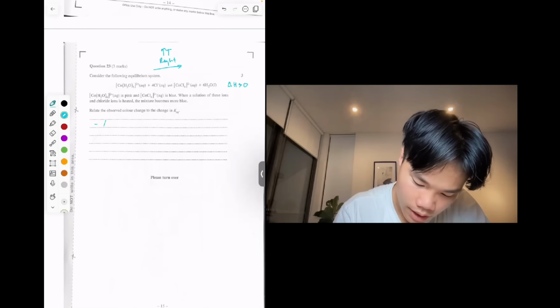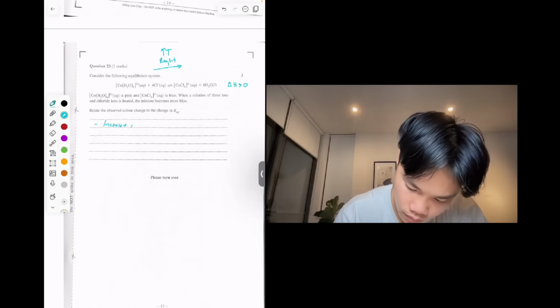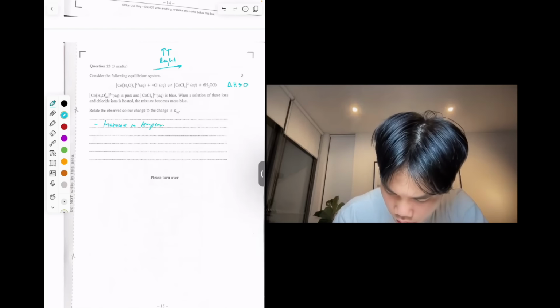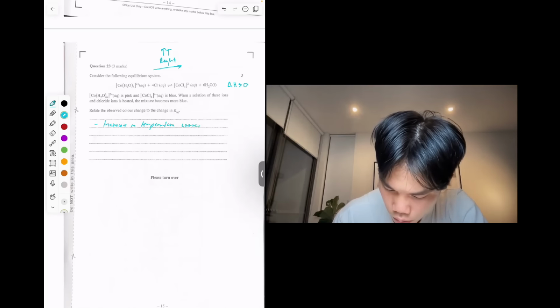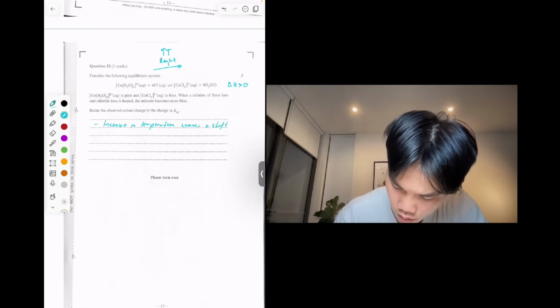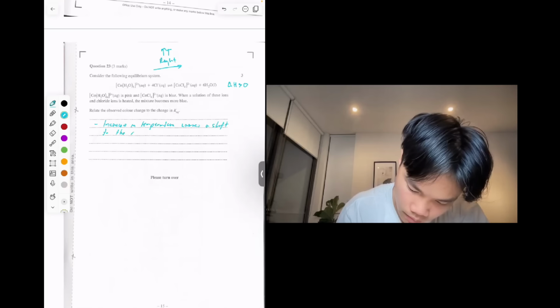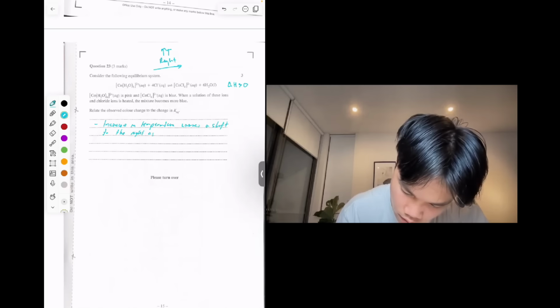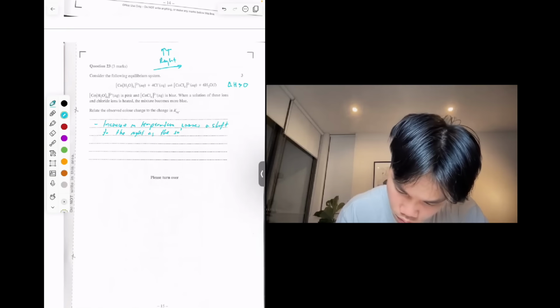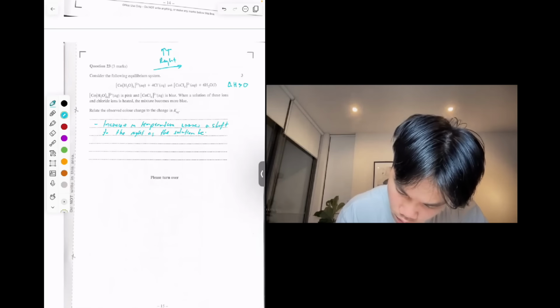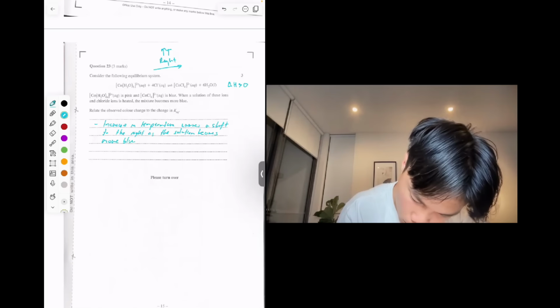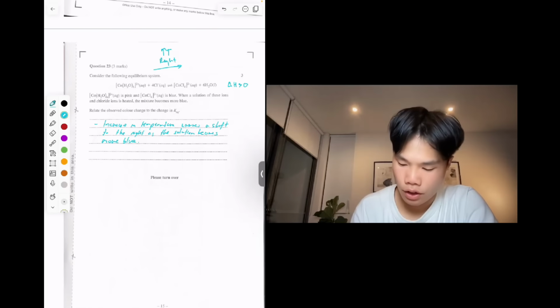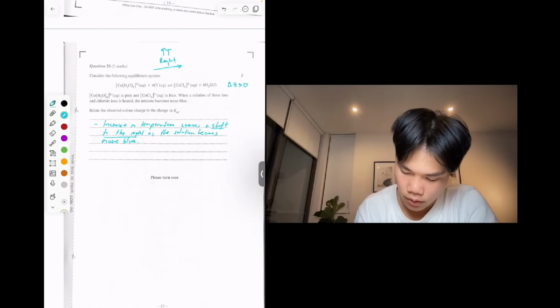So we'll say that an increase in temperature causes a shift to the right as the solution becomes more blue. So we know that it's a shift to the right.